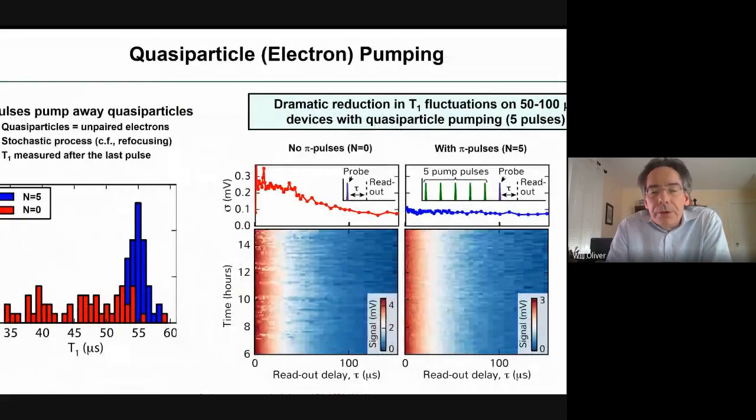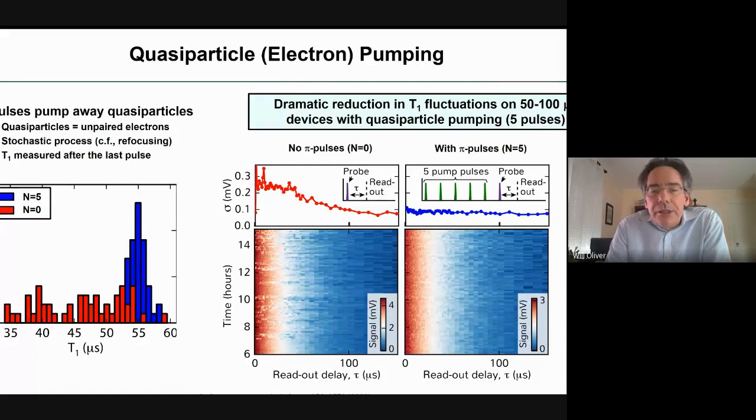Now, these quasi-particles, we then showed that if we apply some pre-pi pulses before we actually do an experiment, we can improve the situation quite a bit. And so what you see on the left is basically a histogram of T1s as a function of time, both when we don't apply any pre-pulses, the red data, n equals 0, and when we do apply 5 pre-pulses, the blue data, n equals 5.